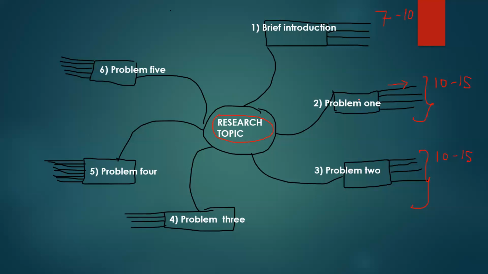So you identify the problem themes and outline them. What are the problems related to this research that I want to do? The problems that I want to solve by doing this research. You identify them when you are reading the papers that are related to this research topic.